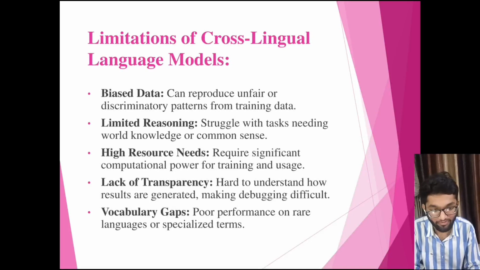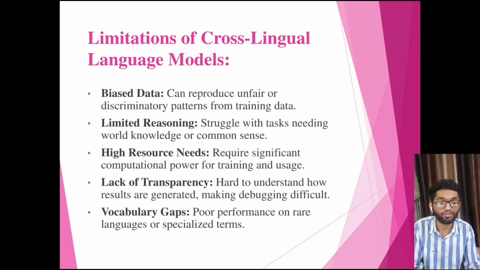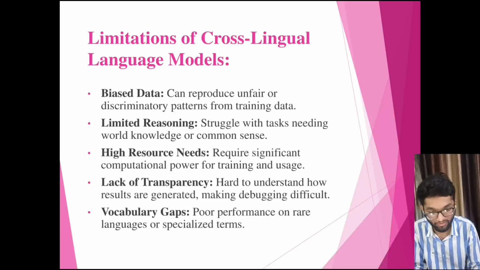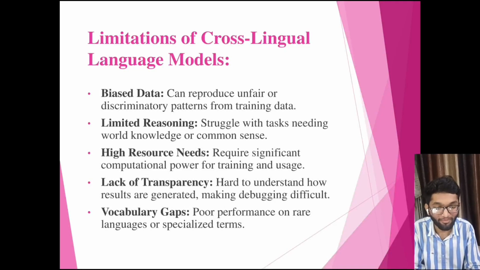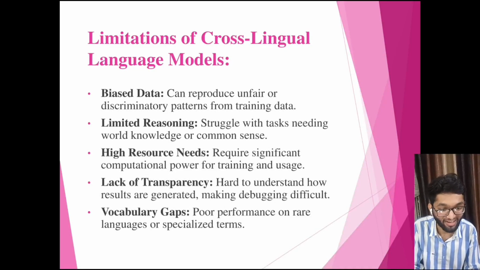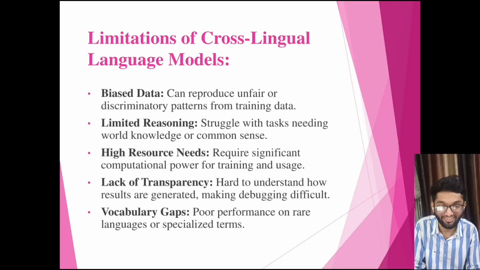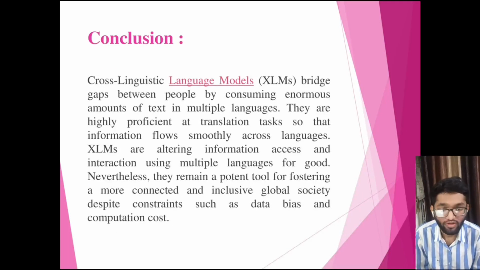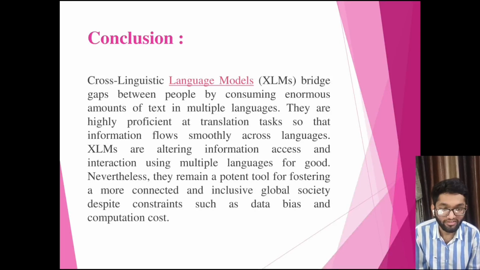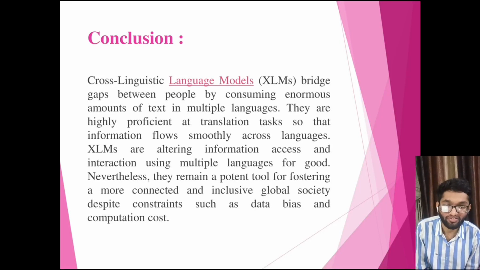Fifth one is vocabulary gaps. XLMs struggle with rare languages or specialized terms. Example, an XLM may mistranslate technical jargon in fields like medicine or law as it wasn't trained on enough specialized data.